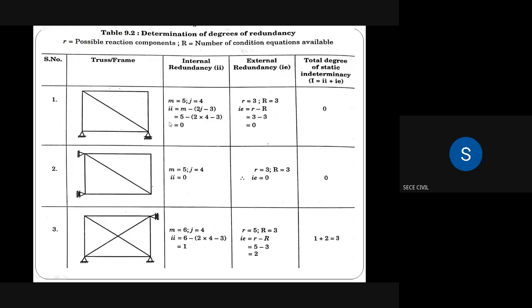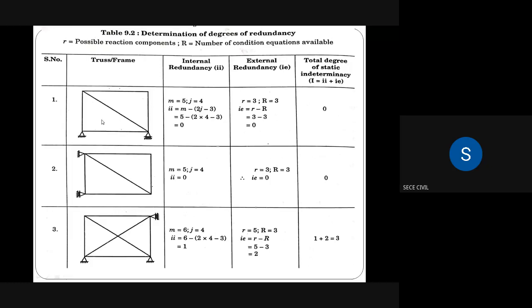For calculating, first we have to calculate internal redundancy. Internal redundancy depends on the number of members. The formula is II = m minus 2j minus 3, where m denotes the number of members and j denotes the number of joints.